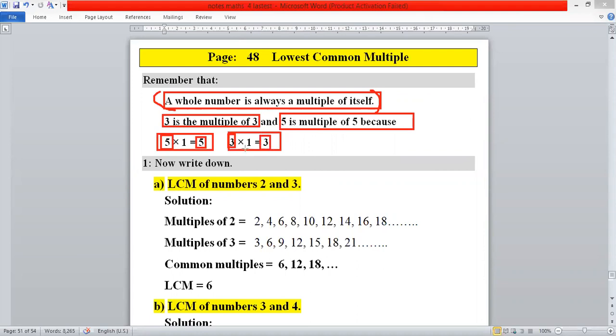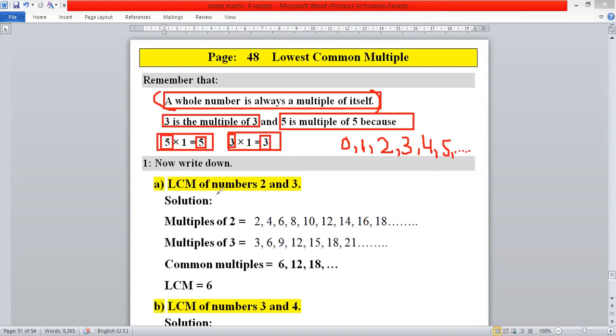It means every whole number is always a multiple of itself. Whole numbers are 0, 1, 2, 3, 4, 5, 6, and so on. So these are whole numbers, and all whole numbers are multiples of themselves.